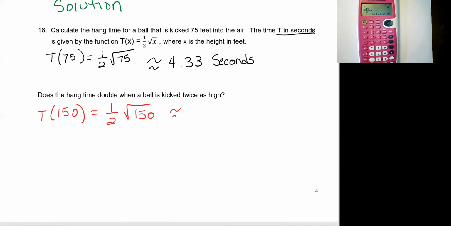And this is approximately 6.12 seconds. So does the hang time double when it's kicked twice as high? And the answer is no. Because we would need 8.6.